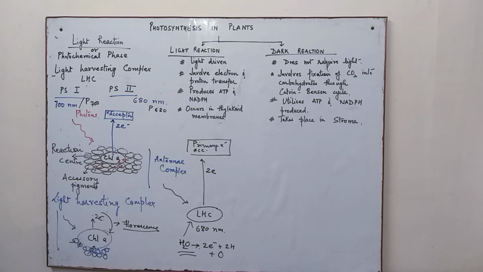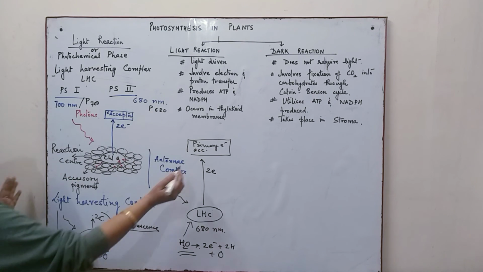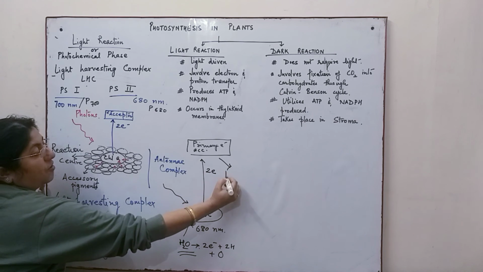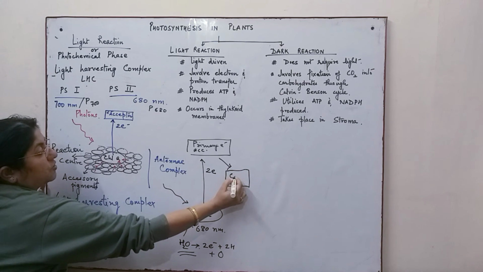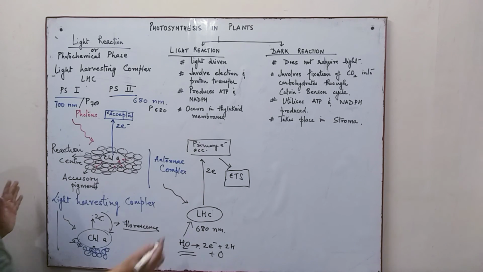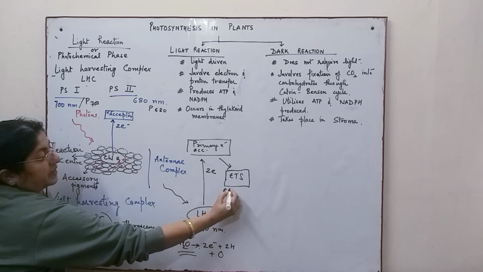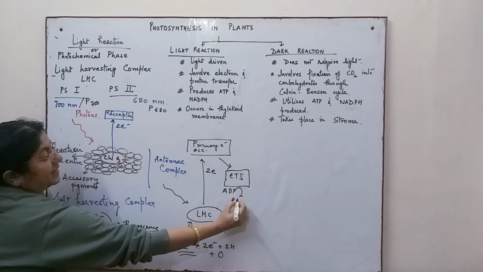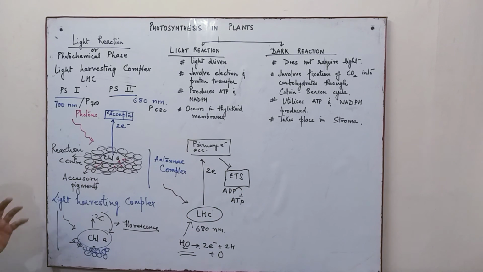Now the electron acceptor passes the electrons to a series of reactions which we call ETS or ETC, and here ADP gets converted into ATP. Since there is phosphorylation driven by light, this process is known as photophosphorylation.